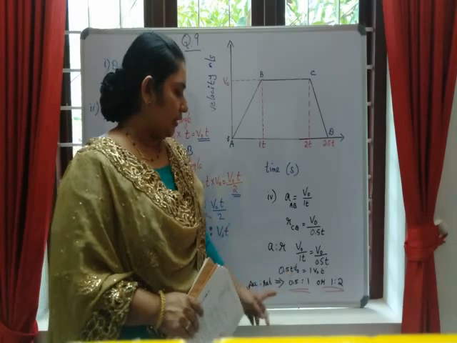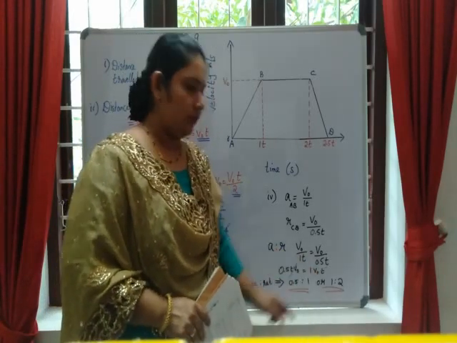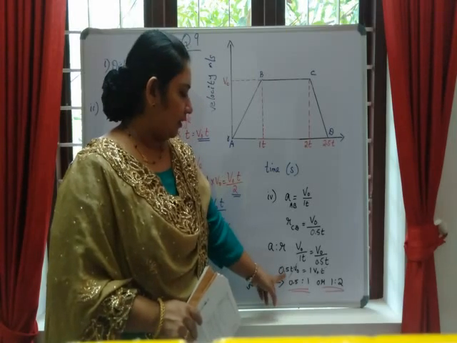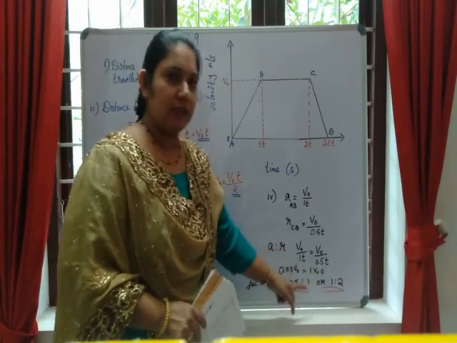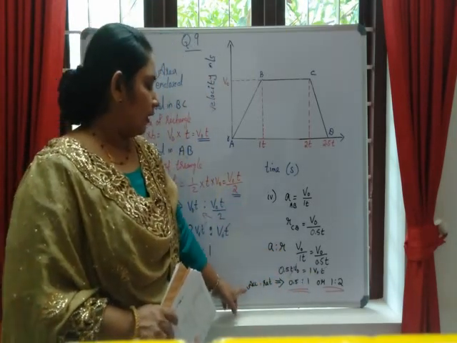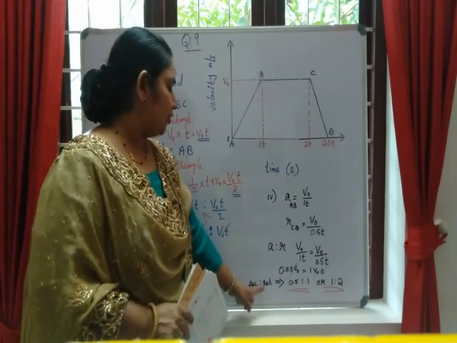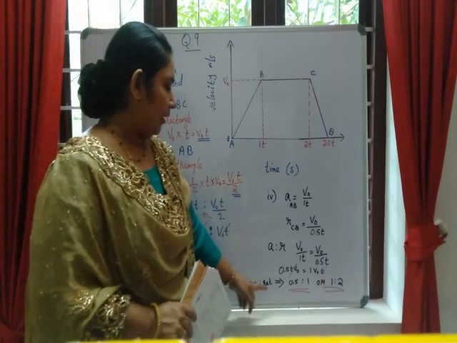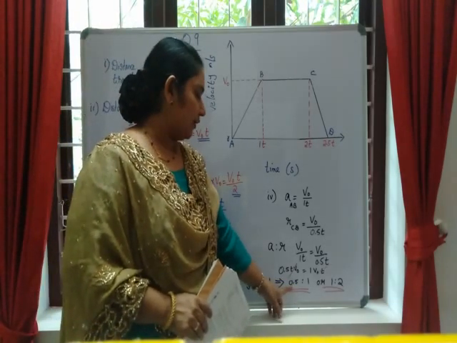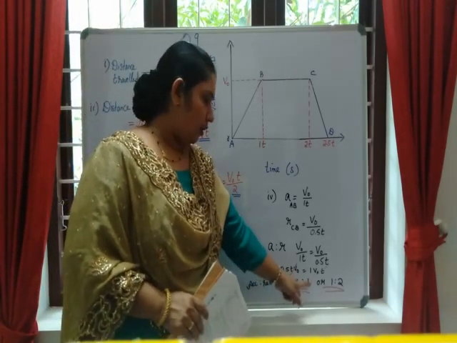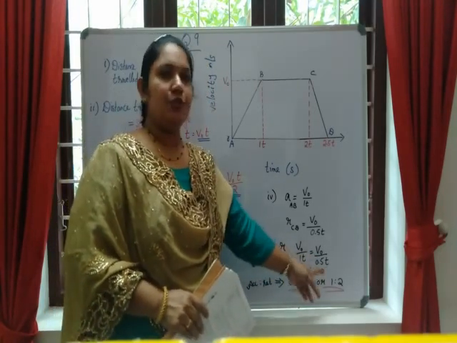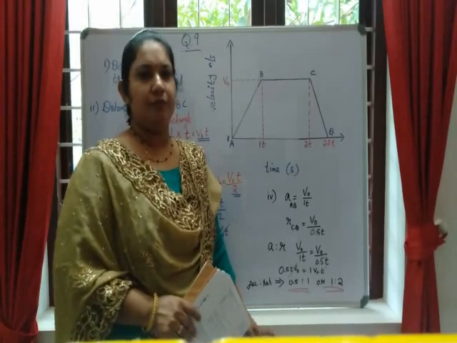Same values get cancelled. v0t will get cancelled. Finally you will get 0.5 on one side and 1 on the other side. So the ratio of acceleration is to retardation, you have to write the full alphabet, 0.5 is to 1, which can be written as 1 is to 2. So that is the ratio.